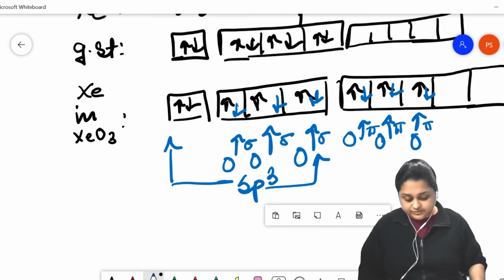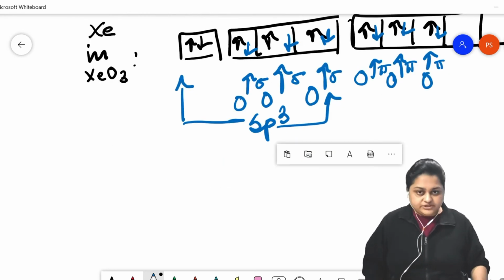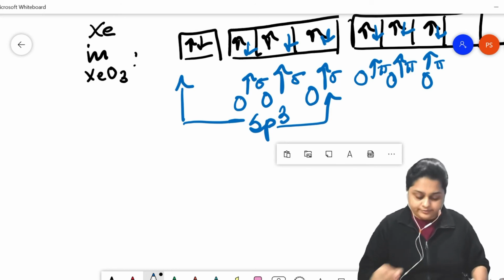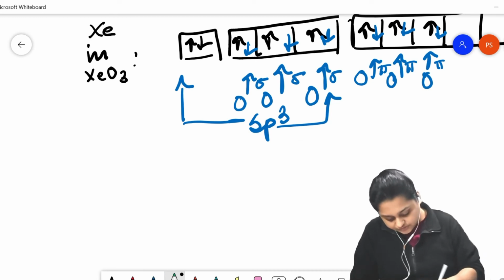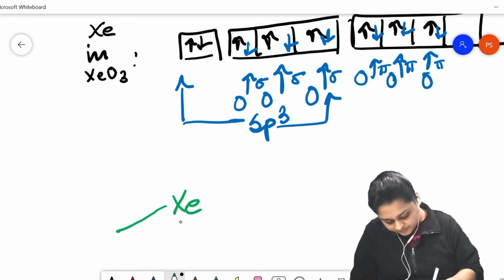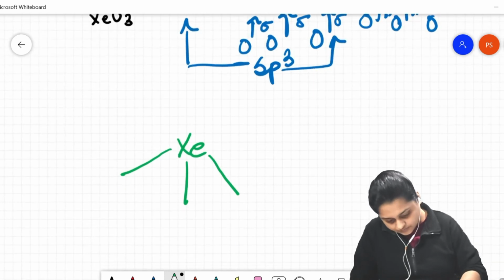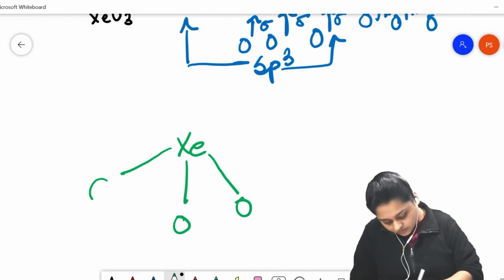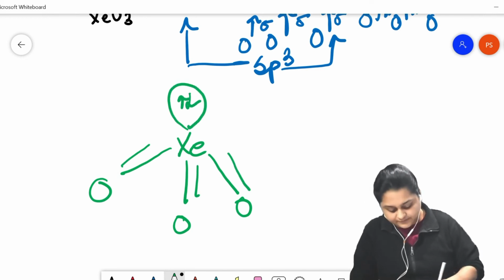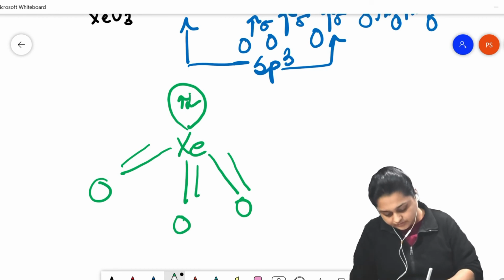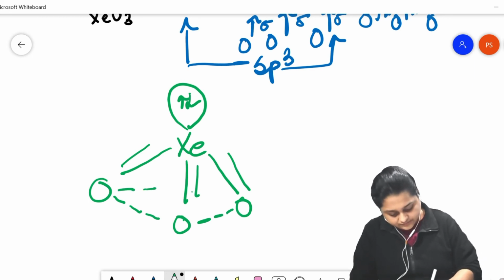Thus, the actual shape of an sp3 orbital should be tetrahedral, but as the central xenon contains one lone pair of electrons, the shape of the molecule becomes Xe=O double bonds and a lone pair of electrons over the xenon, making the pyramidal shape.